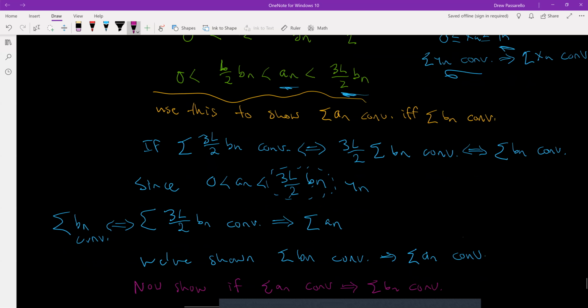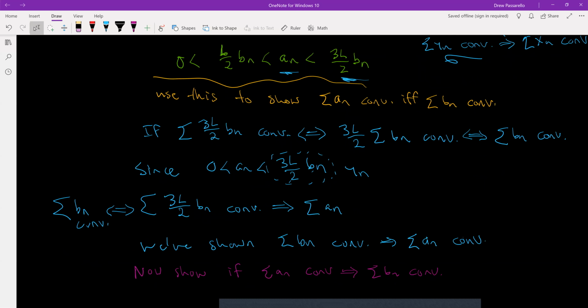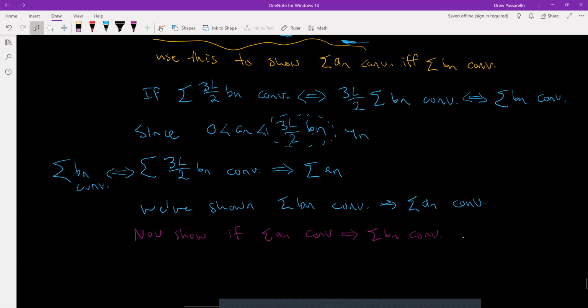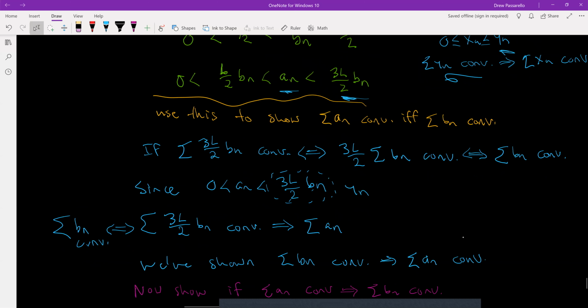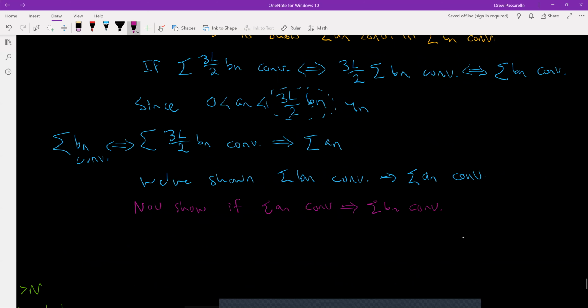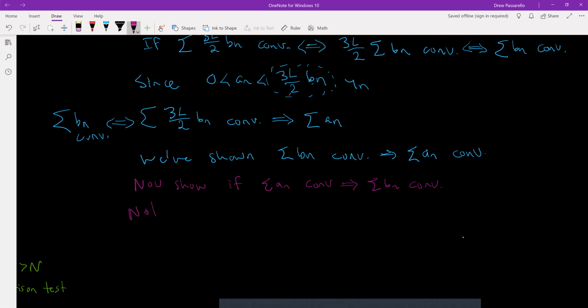Again, I'll assume an converges. Note that for this part, I have 0 is less than L over 2 times bn less than an.